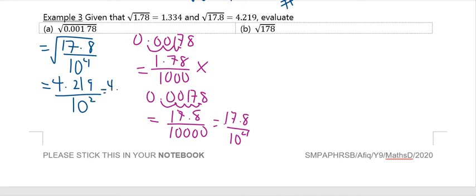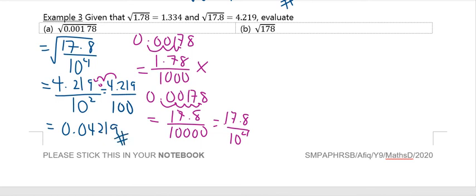So 4.219 over 100, right? So when you express this as a decimal again, you will have an answer of 0.04219. So this is your answer for part A.